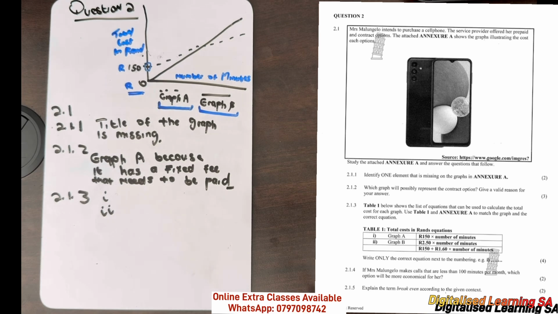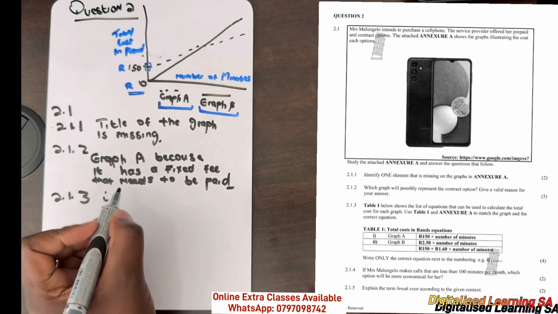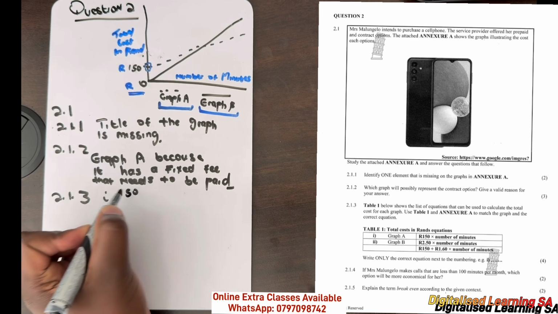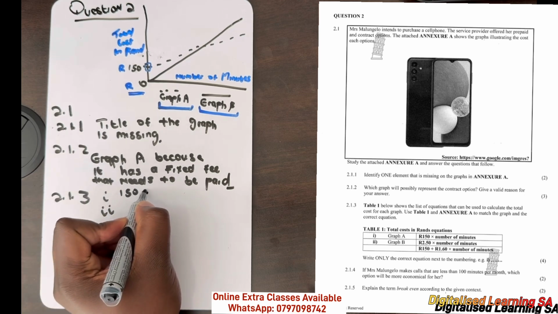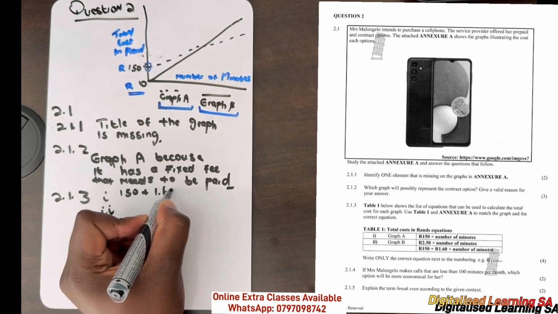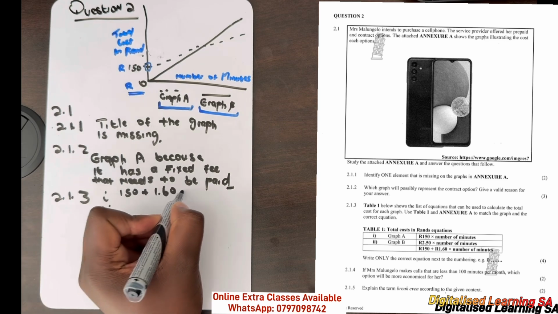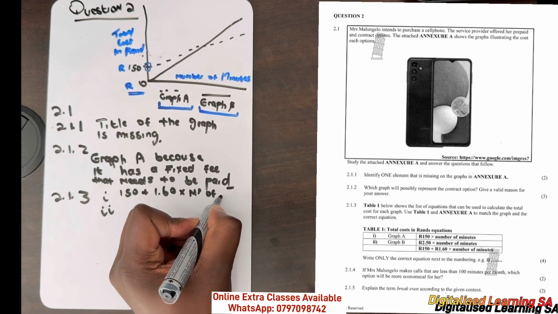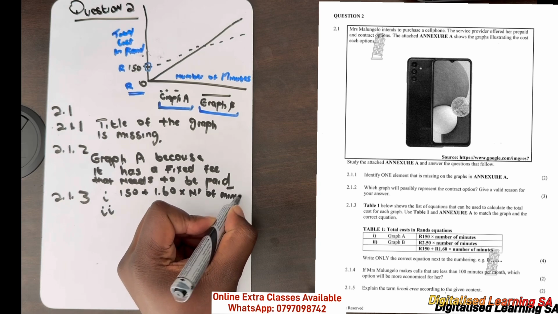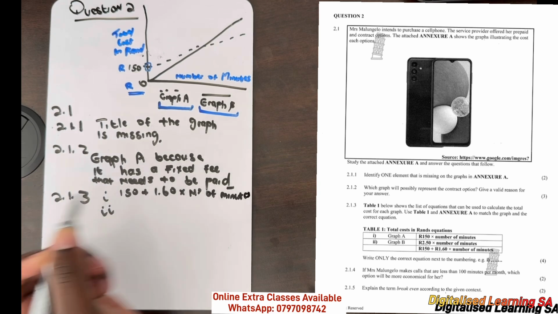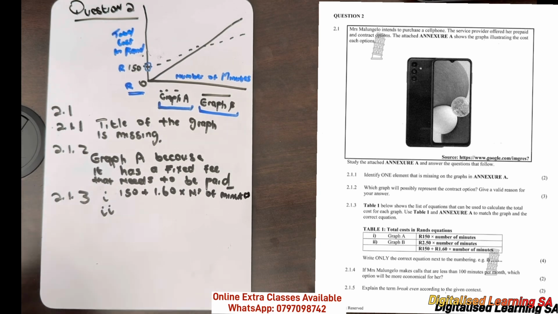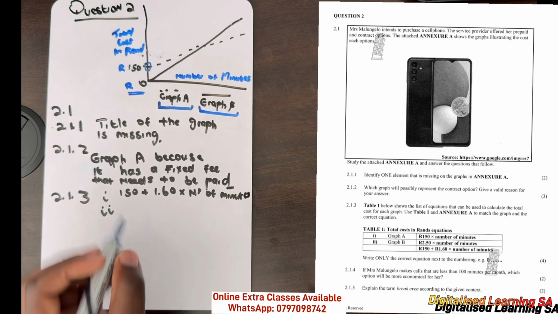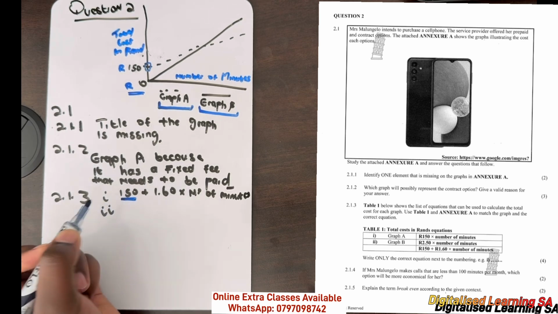Okay, so if we look at the third option, which says 150 plus 1.60 multiplied by the number of minutes. This makes sense because there is the fixed 150 that needs to be paid.